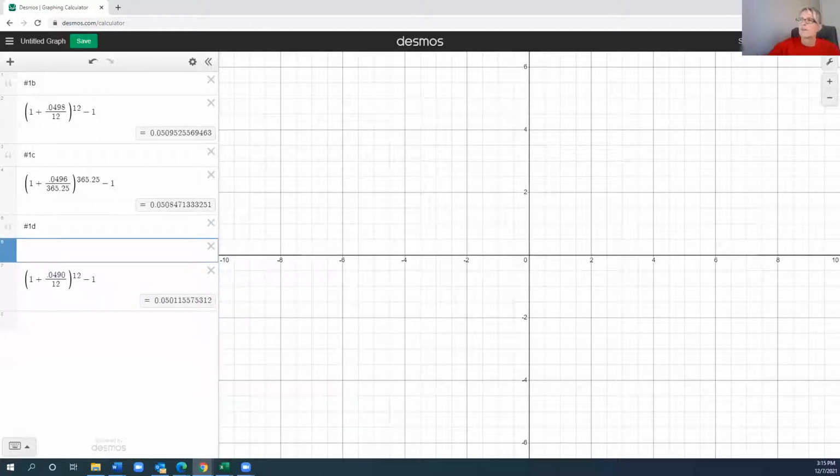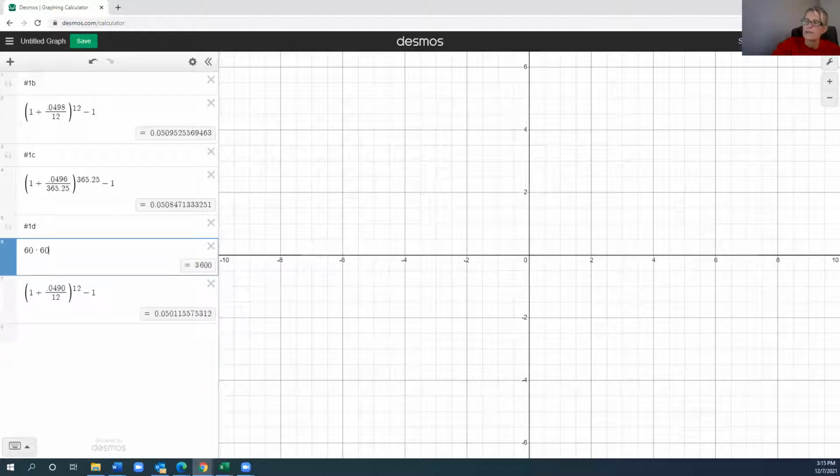So there are 60 seconds in a minute, 60 minutes in an hour, times 24 hours in a day, times 365.25 days in a year. So there are 31,557,600 seconds in a year.